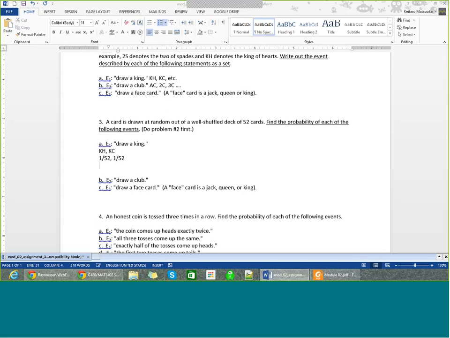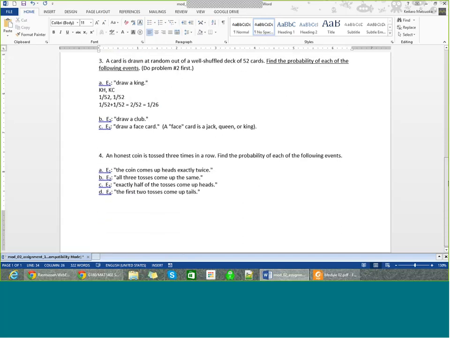So then to find the probability, you just add them together. 1 out of 52 plus 1 out of 52 is 2 out of 52. If you simplify, it's 1 out of 26. You can leave your answer as a fraction or decimal. It's probably easier to do in fractions, but I accept either answer. If you do it in fraction, though, you have to simplify it. Okay. So do the same thing for B and C.